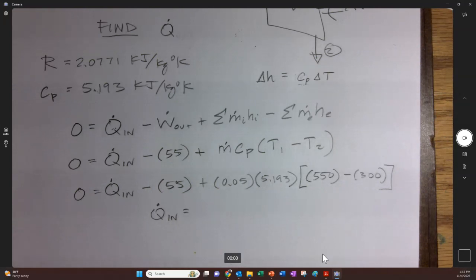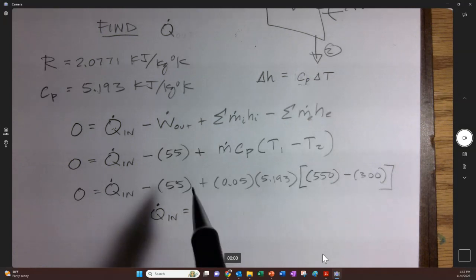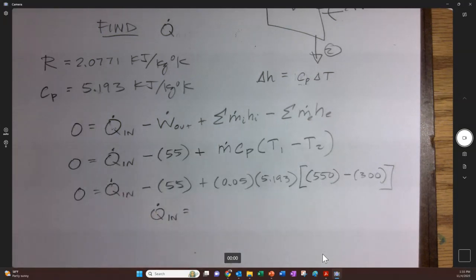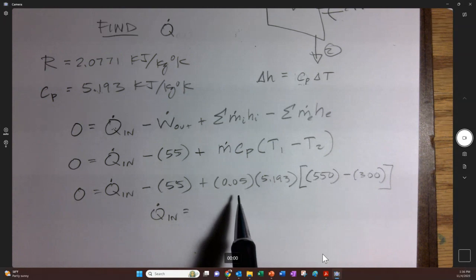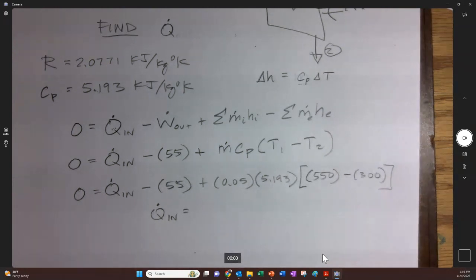Subtract that, multiply by 5.193. Boom. 0.5. Boom. All right. So that comes out to 64.91. And we're going to subtract 55 from that and then bring it over to the other side.